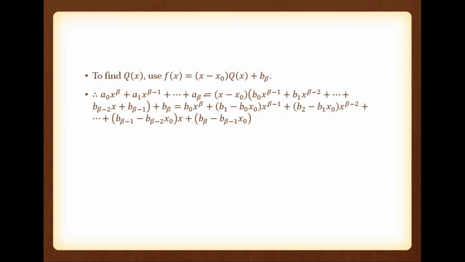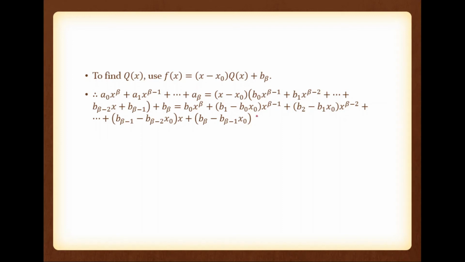So we can expand the right hand side. If we are expanding the right hand side, we have b0 x raised to beta plus b1 minus b0 x0. So please note, from the second term onwards, we have b1, that is x into this term. So b1 minus x0 into b0, this term.